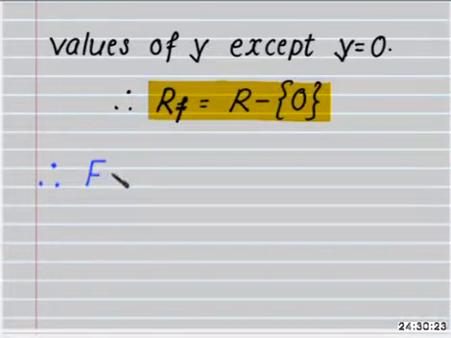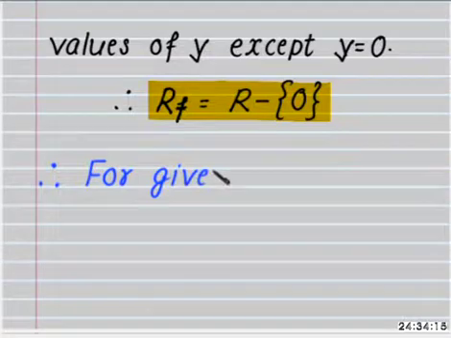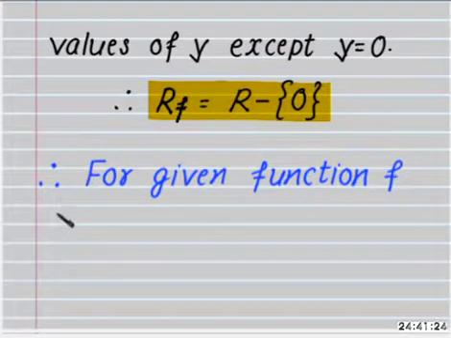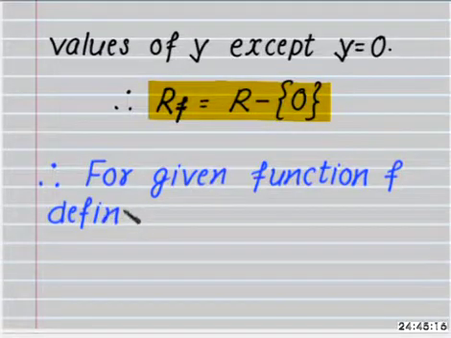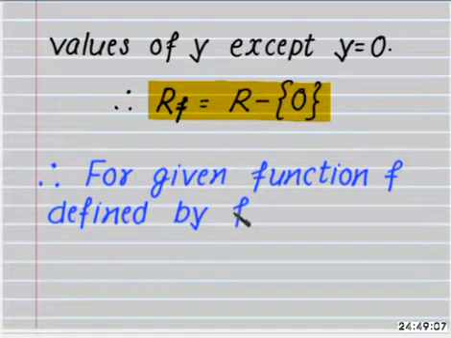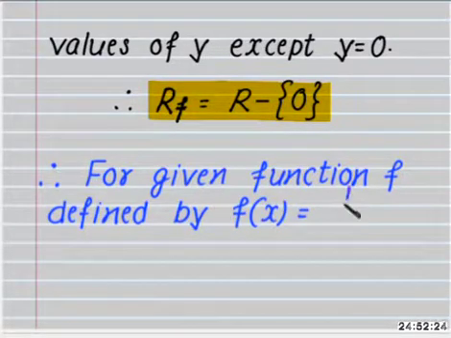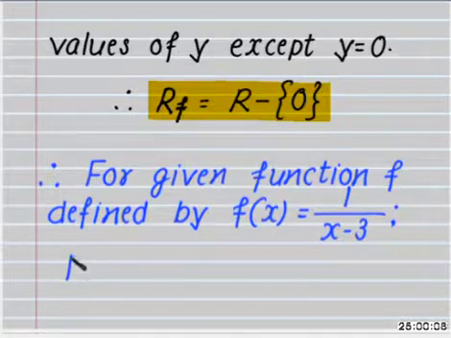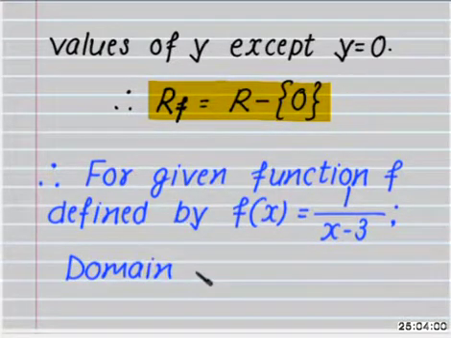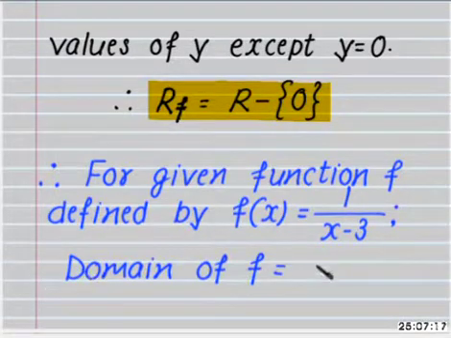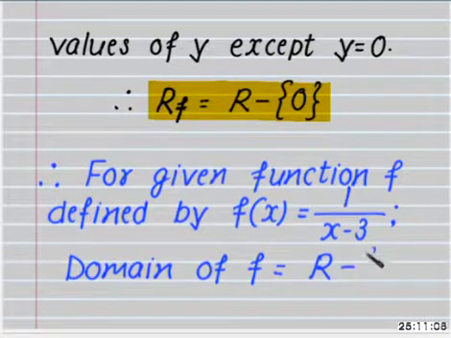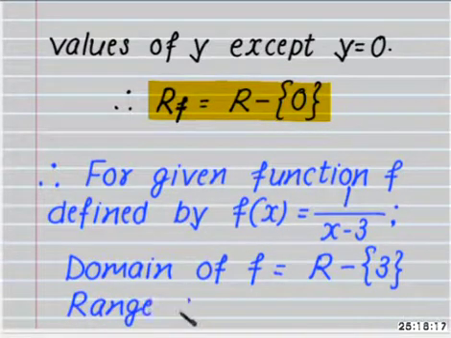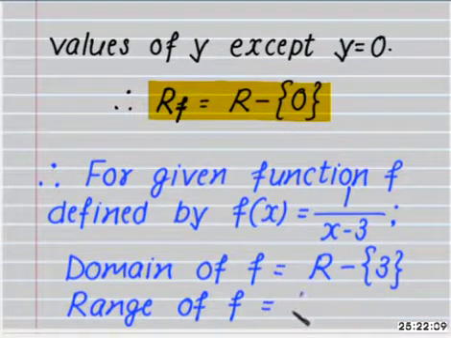Therefore, for the given function f, defined by f of x is equal to 1 upon x minus 3, the domain of the function f will be set of real numbers except 3, and range of the given function f will be set of real numbers except 0.